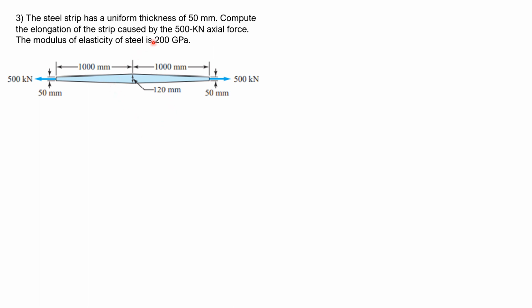And the thickness of the strip is 50 mm perpendicular to this screen, and it is constant. Because the cross-sectional area varies with distance from the left end or from the right end, we have to consider the formula for differential deflection. So let's make the cross-sectional area constant so that the stress will be uniform.